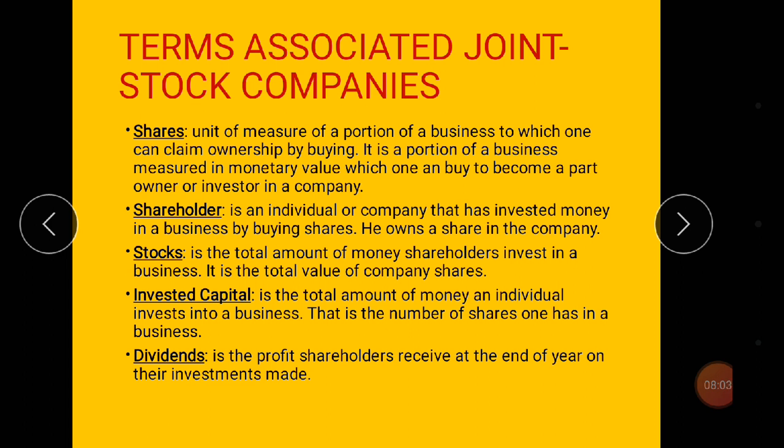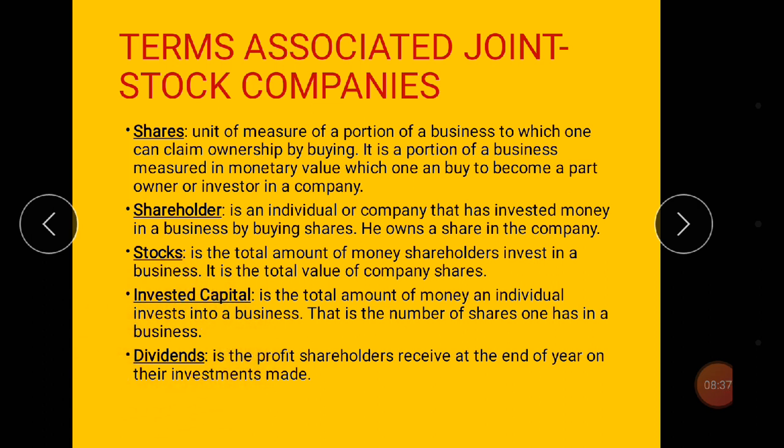So when shareholders invest into any business, at the end of the year, when the business makes profit, a part of that profit is shared among the shareholders as the profits on their investment. Dividends is the profit shareholders receive at the end of the year on their invested capital.